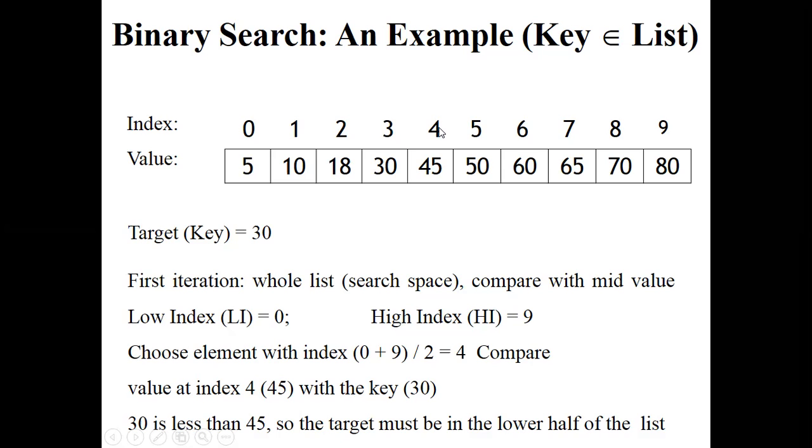So here you will be at the mid position. The value at index 4 is 45, which we compare with the key, but you are going to find 30. So you did not find the position here. 30 is less than 45, so you will ignore the remaining upper half of the array.